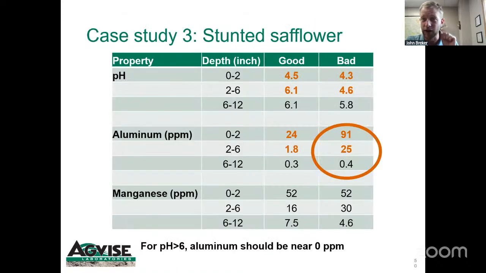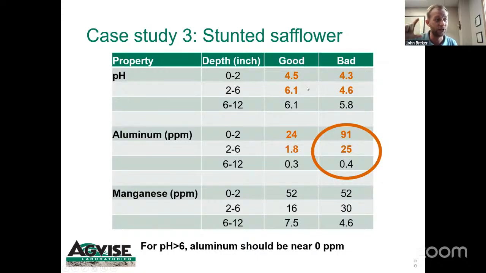So I asked the grower, or the agronomist, to go back out to this field and actually subsample the soil profile into increments: 0 to 2 inches at the surface, then 2 to 6, and then 6 to 12, just to see how stratified the soil pH is. In the good area, the upper 2 inches was a tiny 4.5 pH.